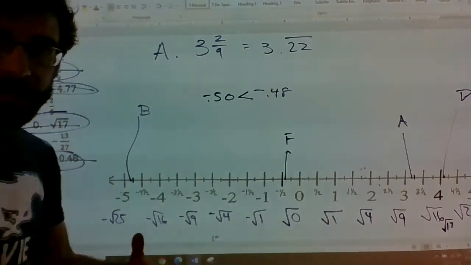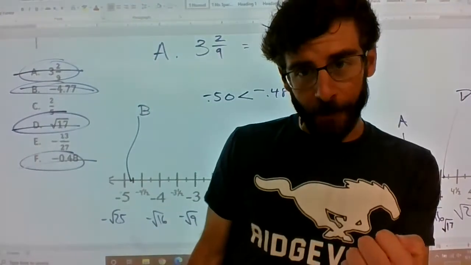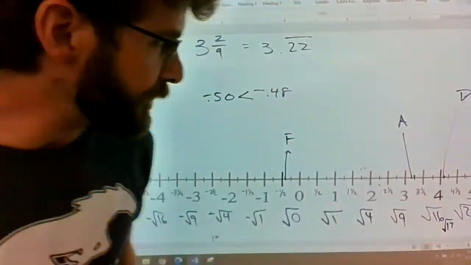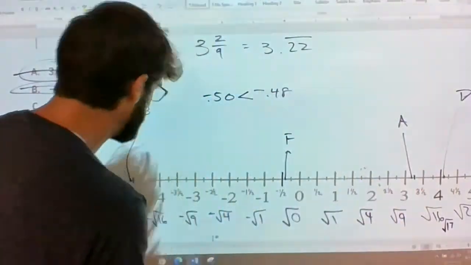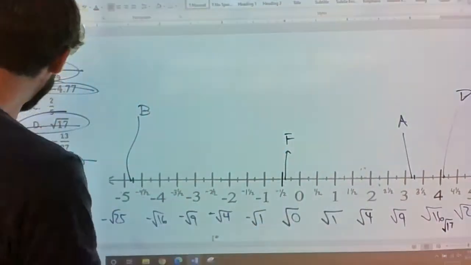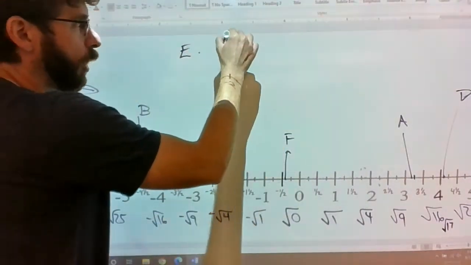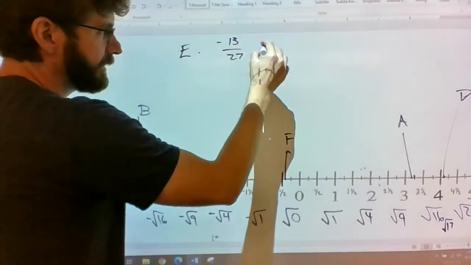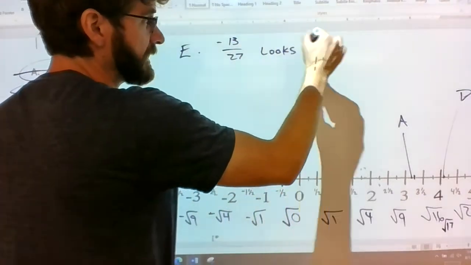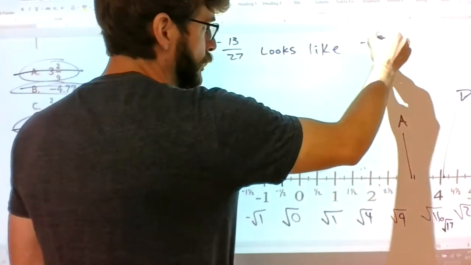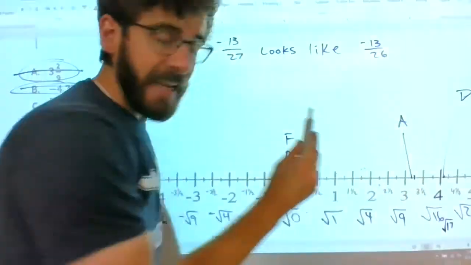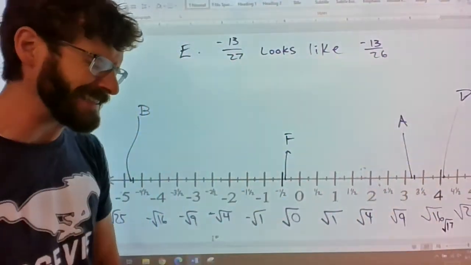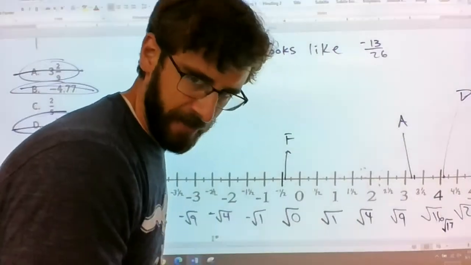All right, letter E. What I'm hoping jumps out at you at letter E is that you're seeing, hey, 13 over 27 looks like 13 over 26. And negative 13 over 26 is exactly half.